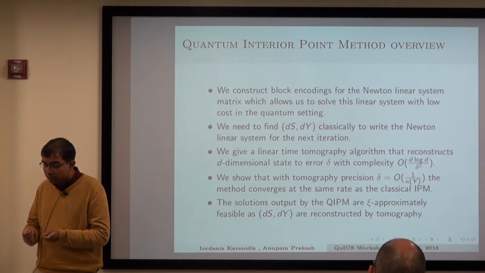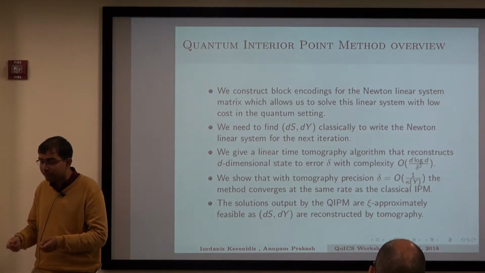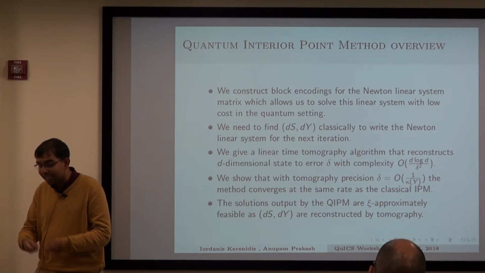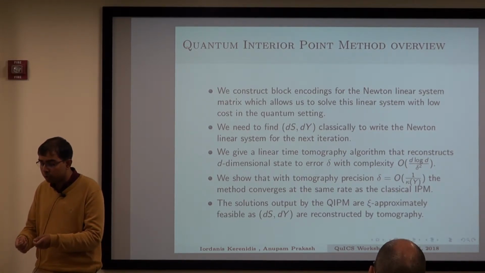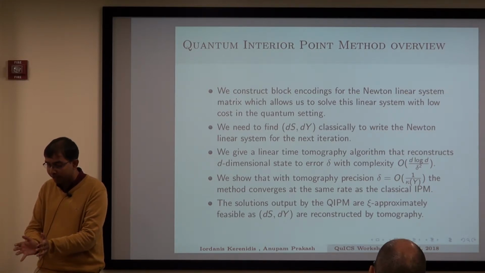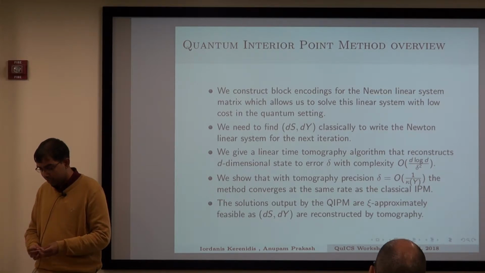Further, we need to see what precision we want to do tomography with, because there's a 1 over delta squared dependence on the precision. It turns out that the classical analysis of the interior point method shows that if you take delta to be 1 over kappa y, where y is the current solution matrix, then your method converges at the same rate as the classical one.